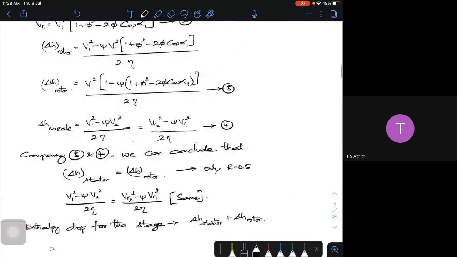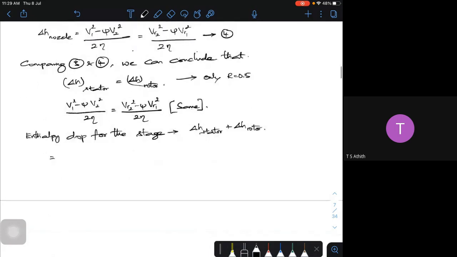Equation 3 I can write as V1 square by 2 times efficiency into 1 minus psi into 1 plus phi square minus 2 phi cos alpha 1, plus the same thing 2 times. So half plus half: V1 square by 2 plus V1 square by 2 will become simply V1 square.